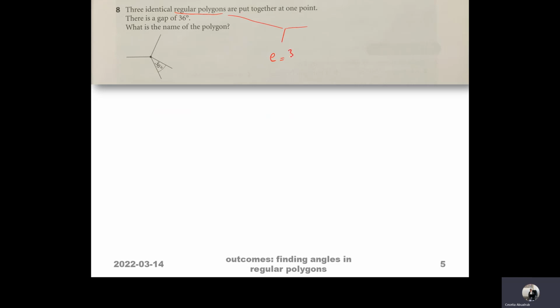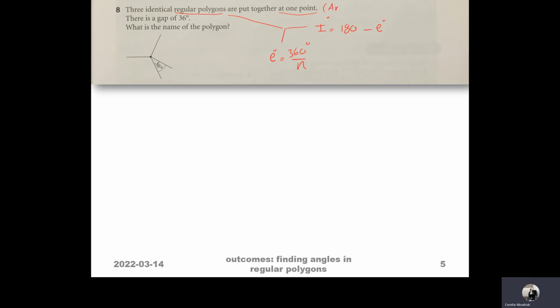E is equal to 360 over n, the number of sides, and I is equal to 180 minus the exterior angle. Okay. Now, three identical regular polygons are put together at one point. This one, we have a rule that we learned previously.